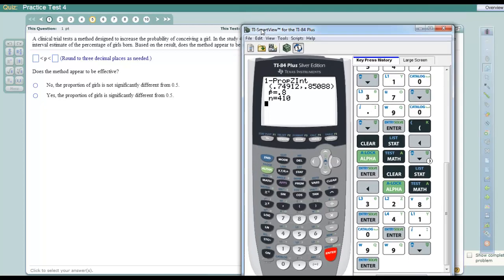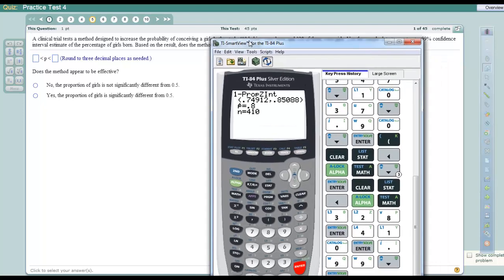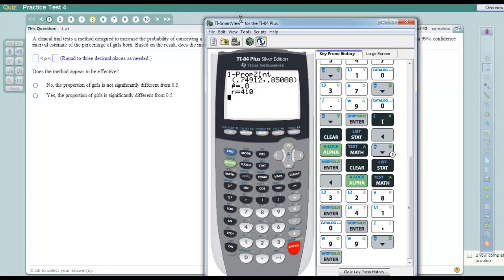What do you think the percentage of girls, of conceiving girls, is normally? 50%. Under this method, we're estimating that the percentage is between 75 and 85%. So do you think it's an effective method? Yes. Okay, it does appear to be effective.